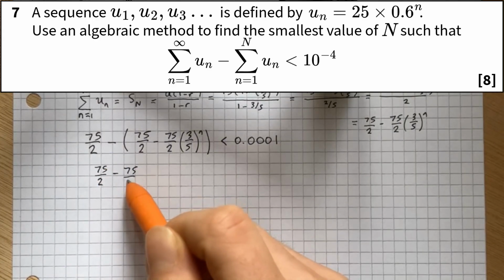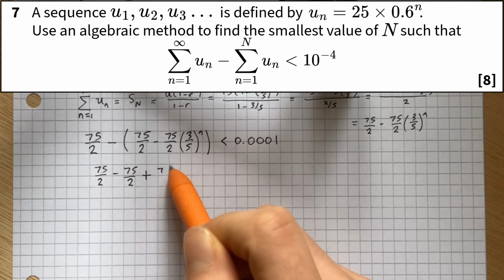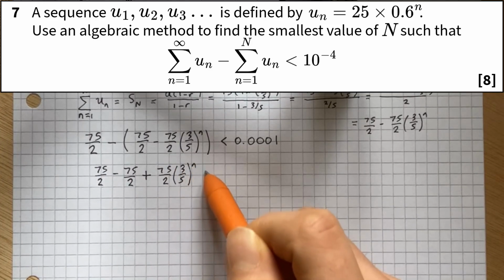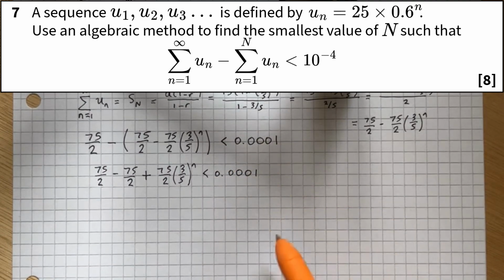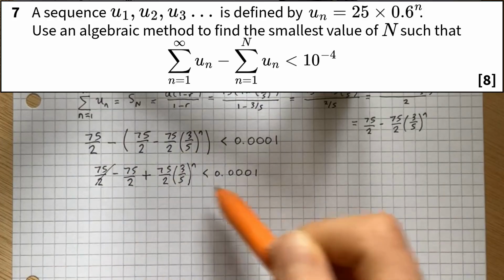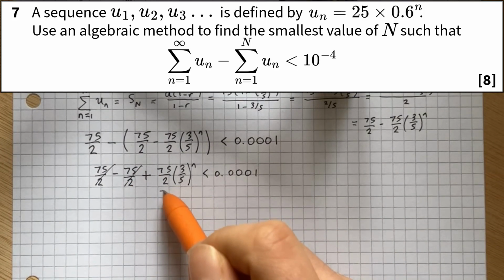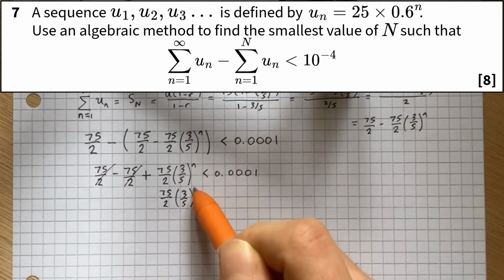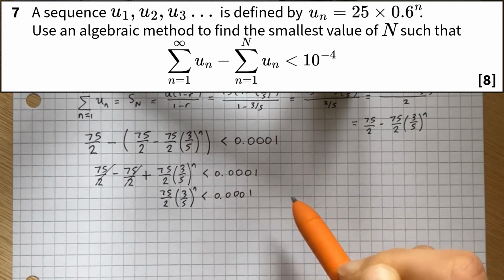Now, if we expand these two brackets, making sure to do a plus for these two terms, we'll get this expression is less than the same number. And then, nicely, these 75 over 2's will cancel out, leaving us with 75 over 2, lots of 3 over 5 to the n, is less than 0.0001.